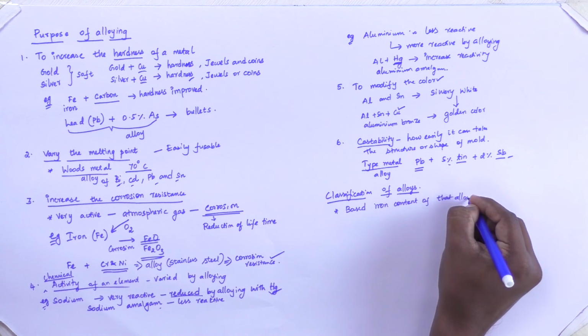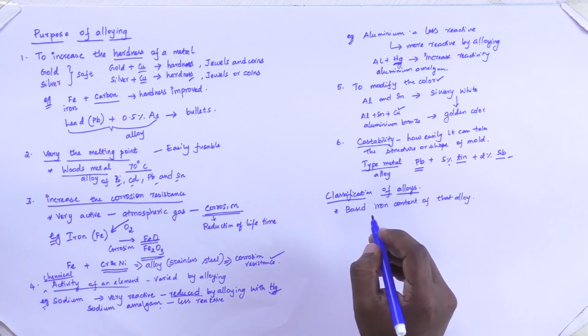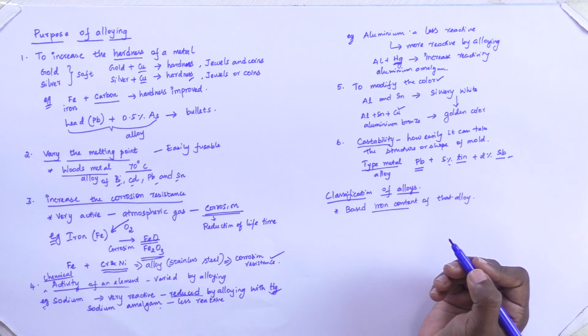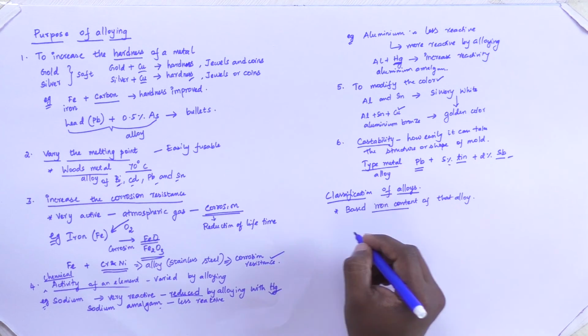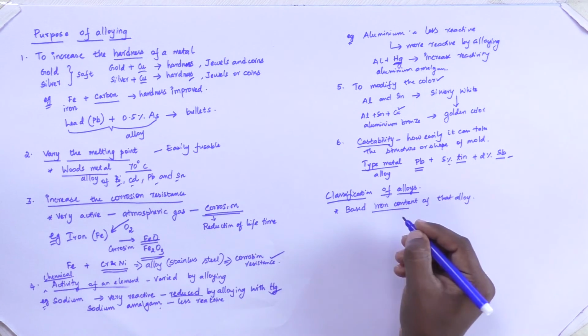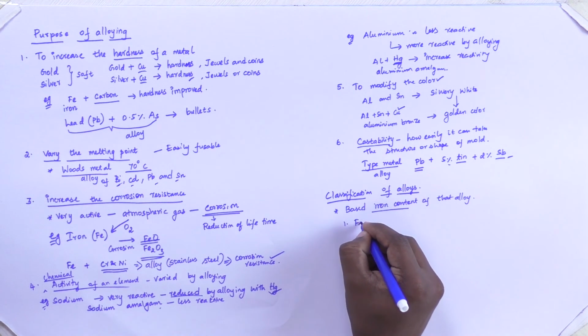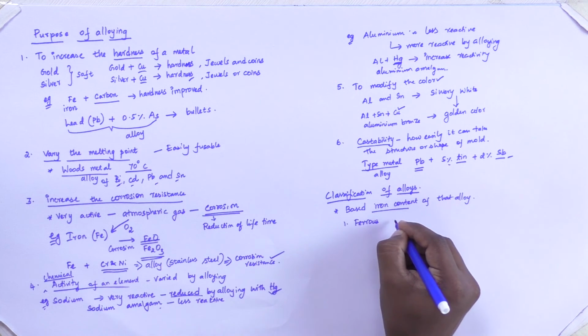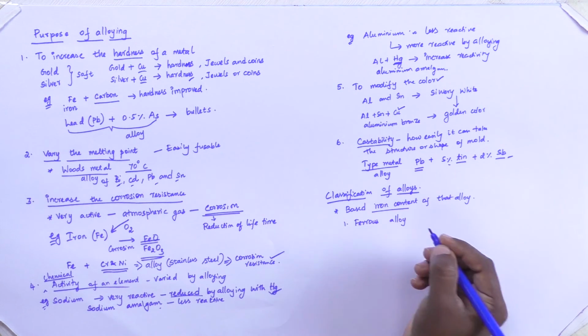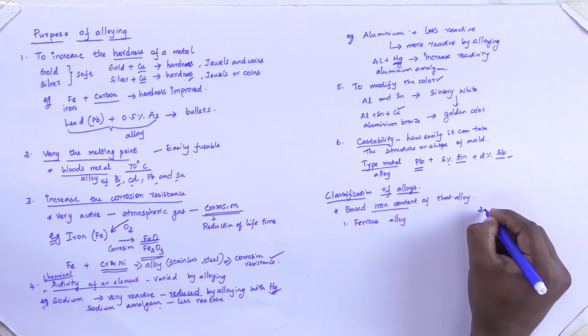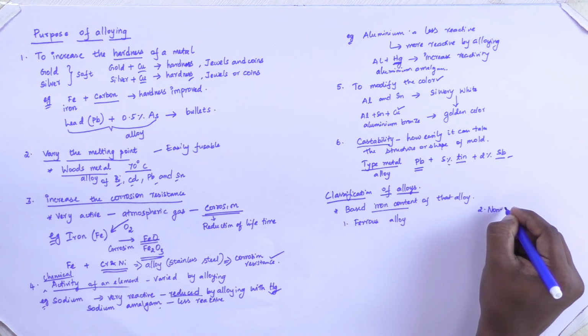So if you are given an alloy, you have to look at the iron content to classify that alloy into two categories. The first category is ferrous alloy, and the second one is non-ferrous alloy.